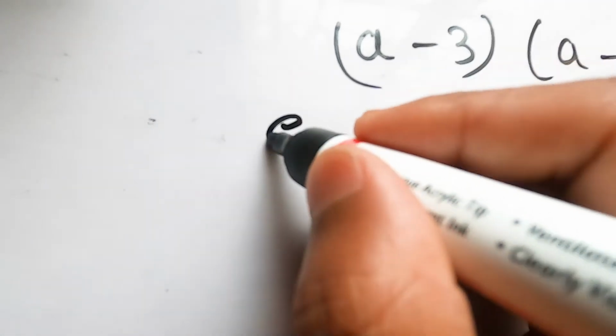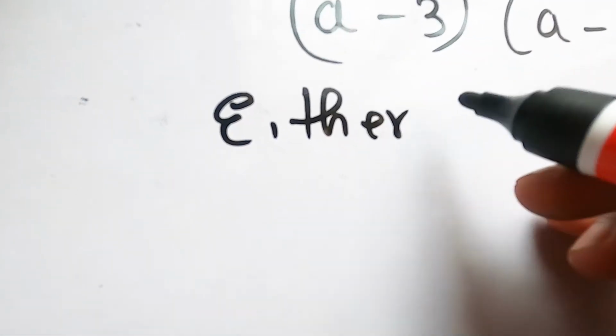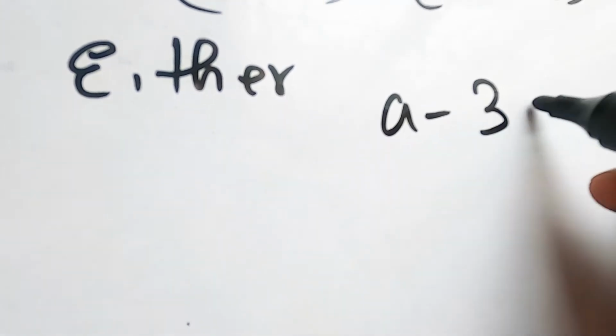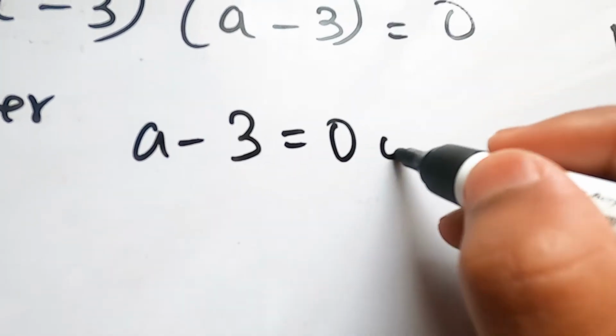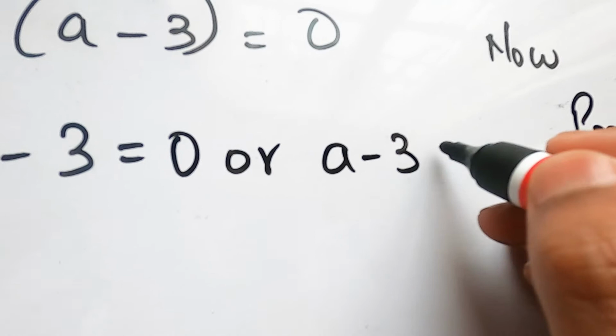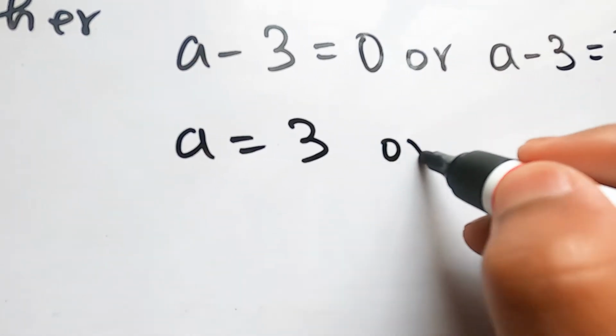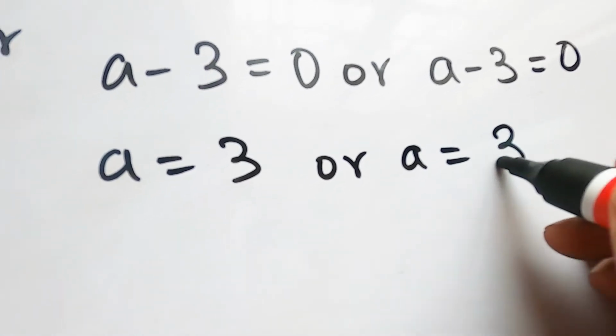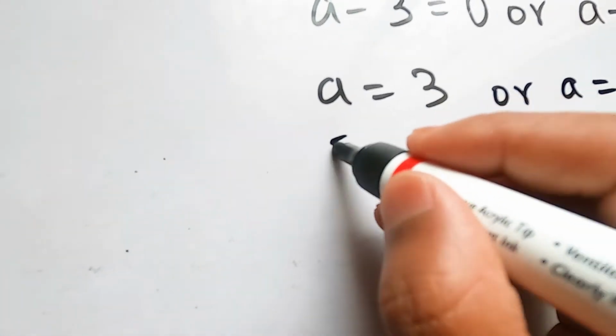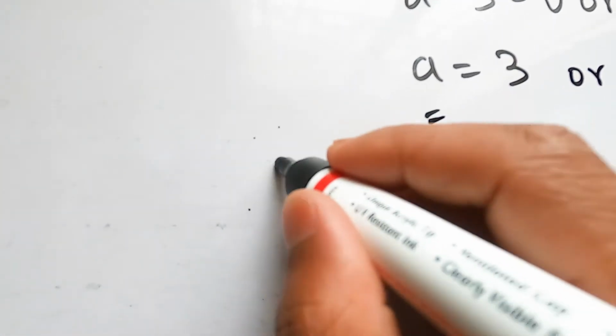So let us find the value of a. Either a minus 3 is equal to 0 or a minus 3 is equal to 0. So a is equal to 3 or a is equal to 3. So in this case the value of a will be 3.